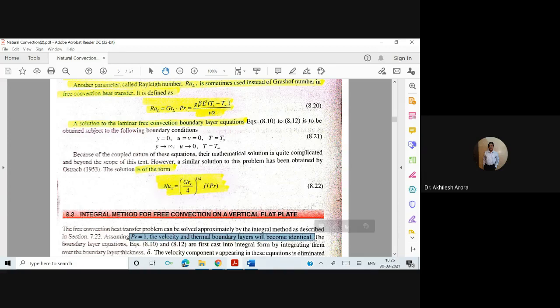That is the significance of the Prandtl number. Whenever the Prandtl number is equal to 1, the velocity and thermal boundary layers will be identical. So this is the assumption we are considering here in free convection also.